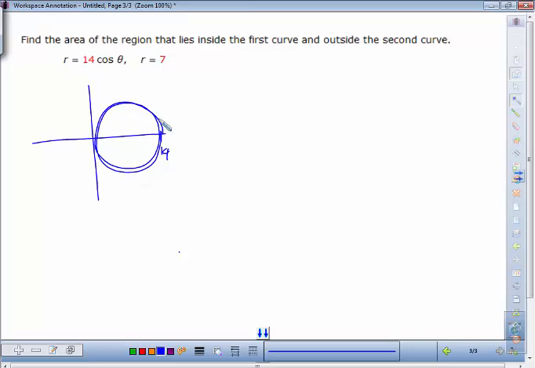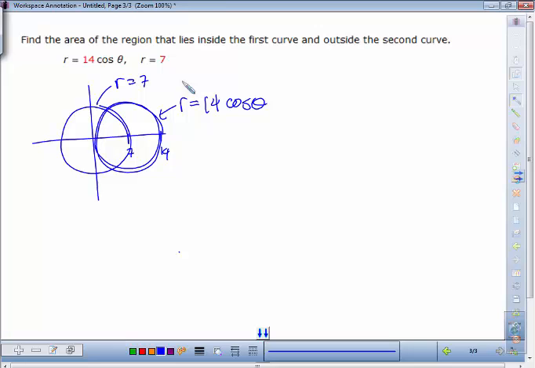If you go from 0 to 2 pi, if you go from 0 to pi, you'll just be able to draw that one circle. And this has radius 7, and so I think that's this over here. So if you don't see that right away, then make sure you graph it just to get an idea of what this thing might look like. And here is your r is equal to 14 cosine theta, and here is your r is equal to 7.